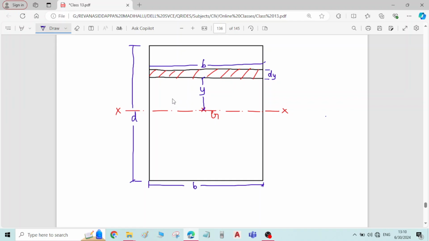For derivation purpose I have considered an elemental strip of width b, thickness dy, and at a perpendicular distance y from centroid of the rectangle.